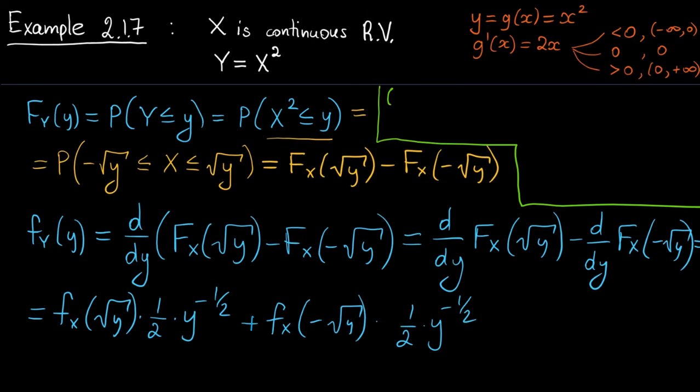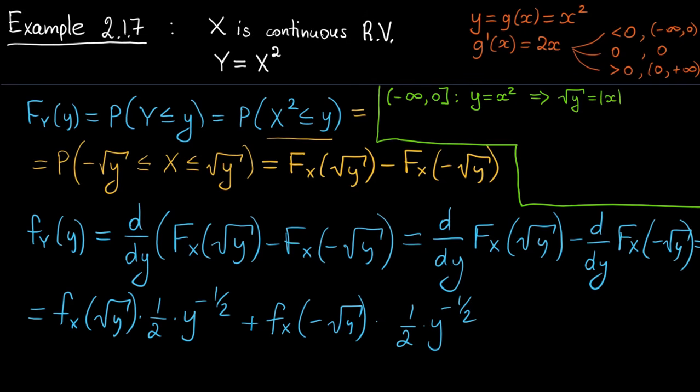So if we look at the interval from negative infinity to 0, on this interval the function g of x is strictly decreasing. Okay, so let's find its inverse here. Well, let's take the square root of both sides, to get the square root of y is equal to the absolute value of x.